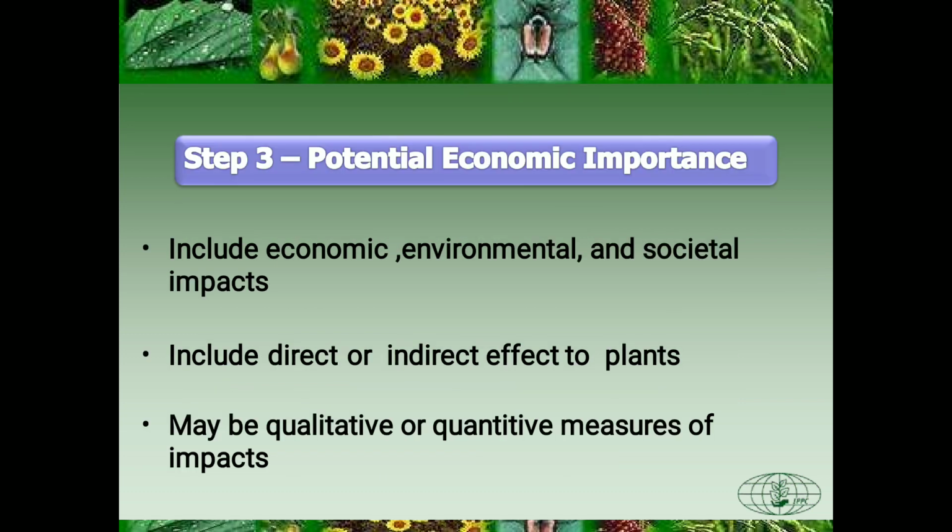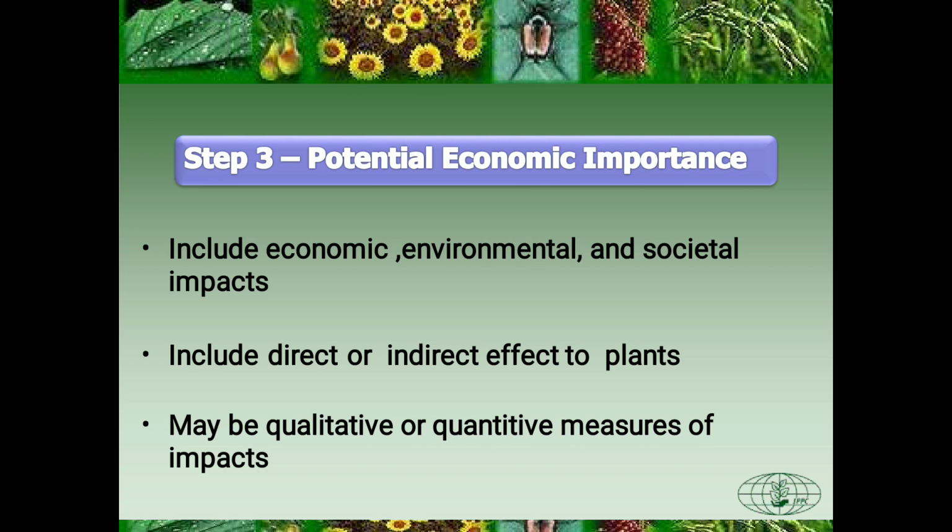Then step three: potential economic importance. That means previously we discussed the entry, establishment and spread of the pest. If there is a sudden spread of such a harmful pest within a short period of time, we assess whether there is any economic, environmental or social impact of that pest.